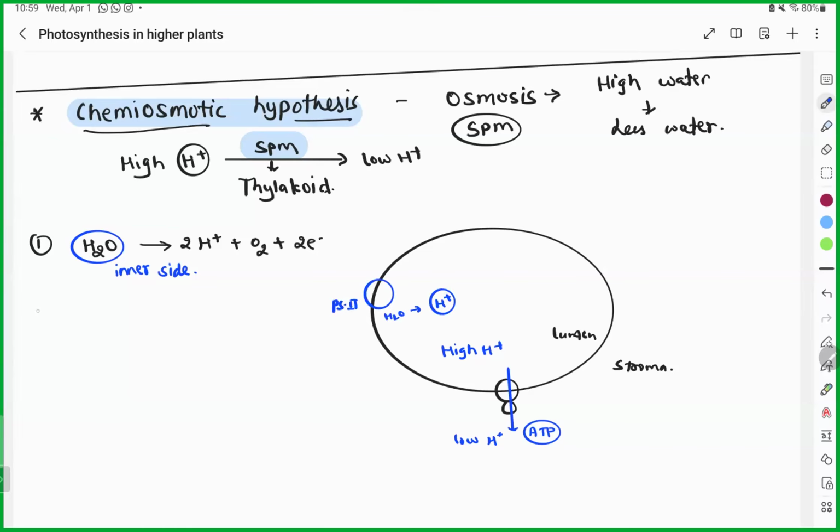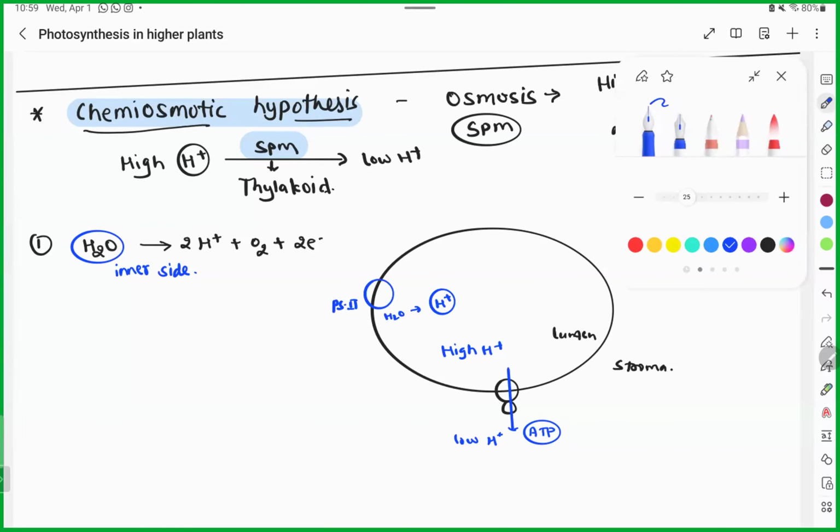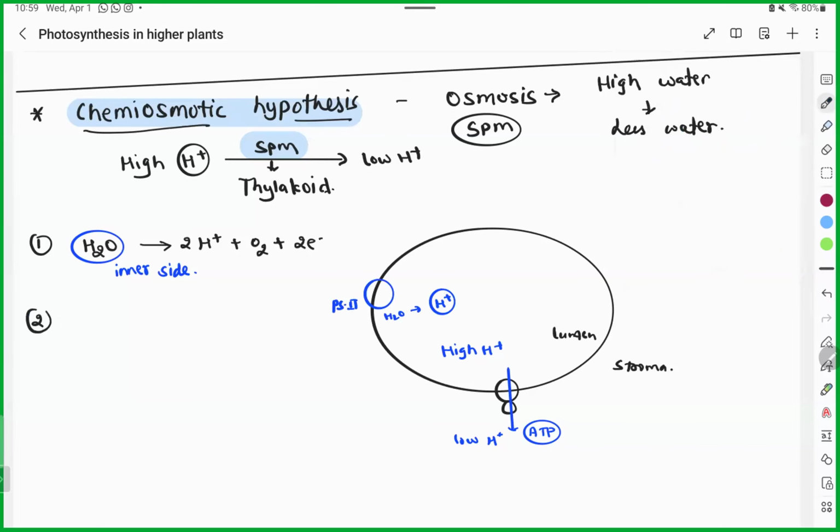Second, you know H positive should reduce from the stroma. How to reduce from the stroma? Example, when electron moves from PS2 to PS1. Remember, in chemiosmotic hypothesis, we are revising the same PS2, same non-cyclic photophosphorylation again. Here you have PS1.